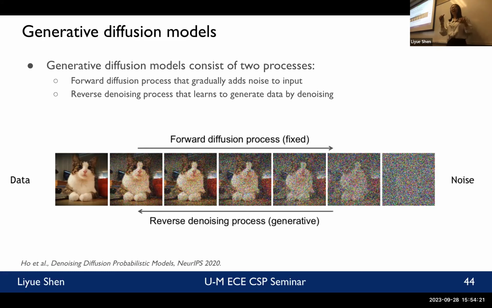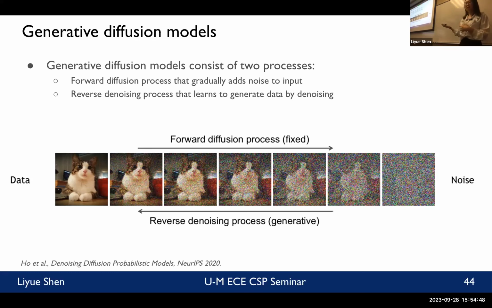You can consider this as a way to get the mapping function, or the transformation, between the simple prior distribution, which is the standard normal distribution, and the real data distribution, which is complicated and unknown. But we use this generative way to find a way to capture the distribution priors in the generative diffusion models.